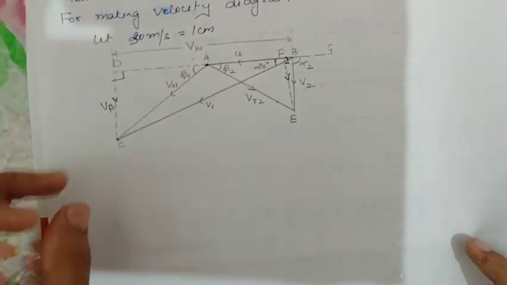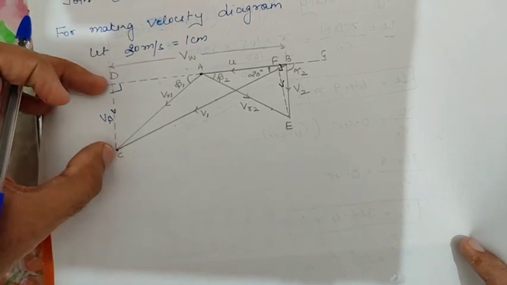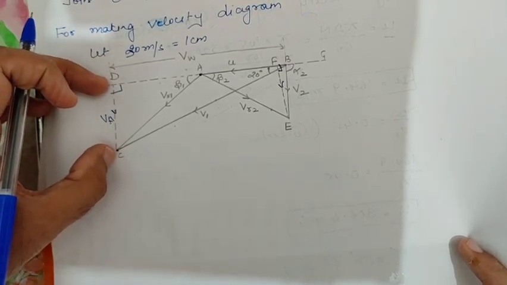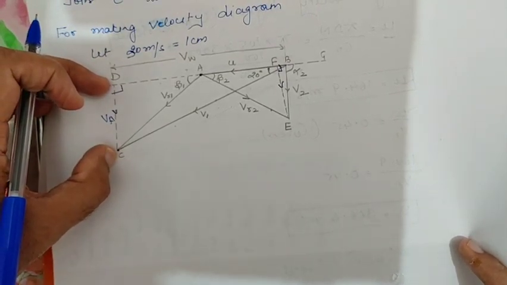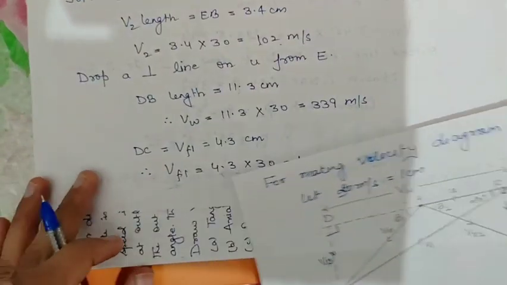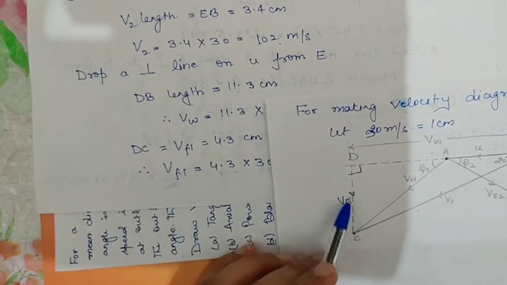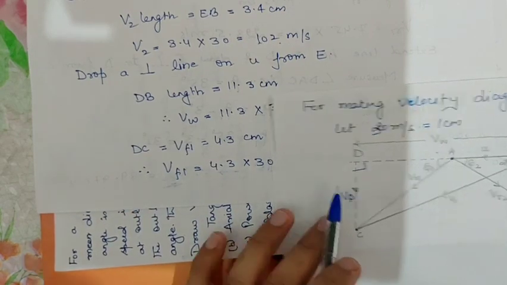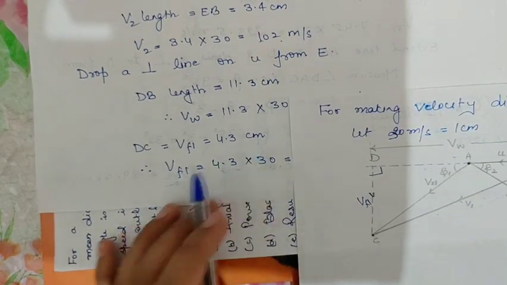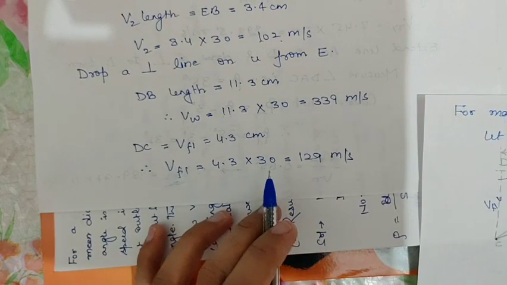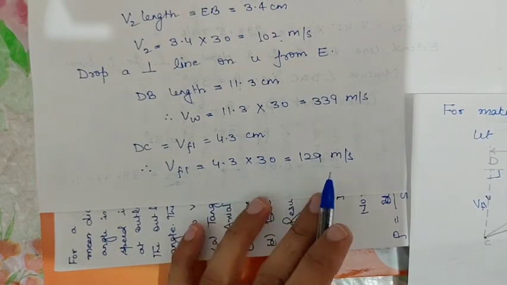And this perpendicular line DC is the value of VF1, the axial velocity at inlet, and its value is the length DC, that is 4.3 centimeter. So VF1 equals 4.3 into 30, which equals 129 meter per second.